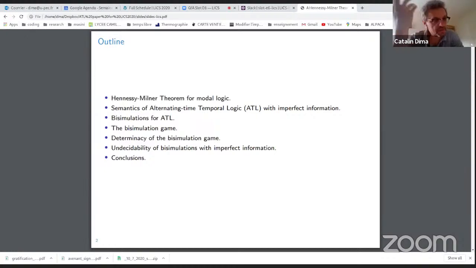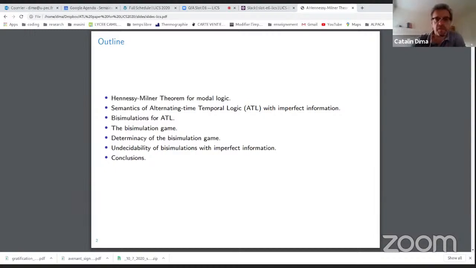So the correctness part, saying that whenever two histories are bisimilar, then any ATL formula for the coalition for which the bisimulation has been defined, which is satisfiable in one of the histories, is also satisfiable in the bisimilar history. And the completeness part, which says that whenever two histories satisfy the same set of ATL formulas for some coalition, then they can be related by some bisimulation for that coalition.